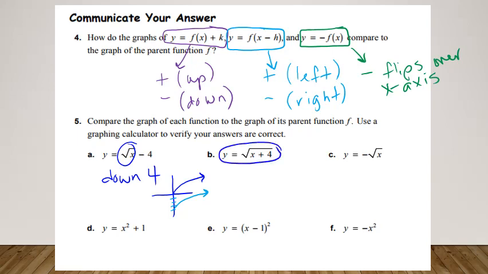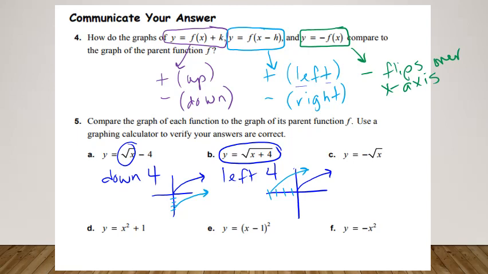Okay, so the next one is on the inside. It's a plus on the inside, and so we learned over here if it's on the inside and it's a plus, that would be left. Okay, so that means we're going to move left 4 places. So we're going to still take that basic square root of x graph, but we're going to move it left 4 places.